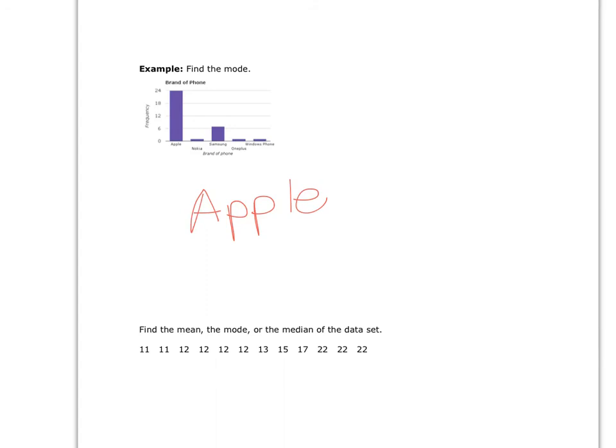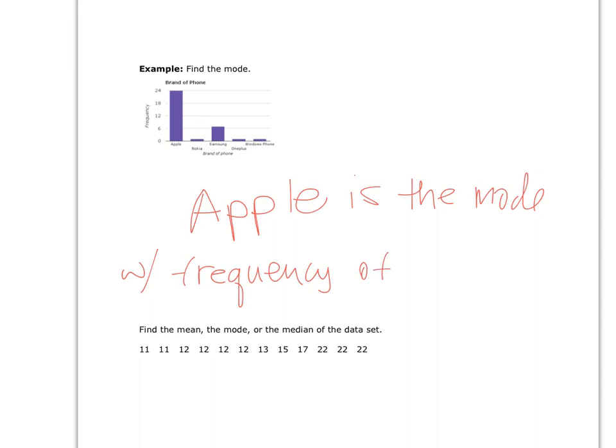Apple is the mode, and it has a frequency of 24. The next frequency down looks like it's about 7. So a big drop.